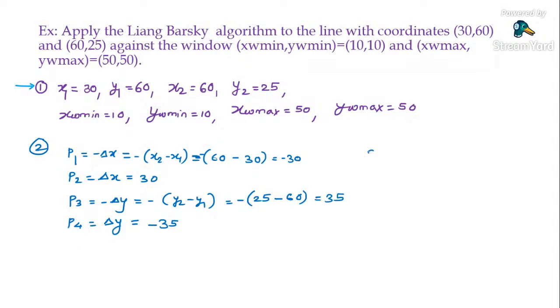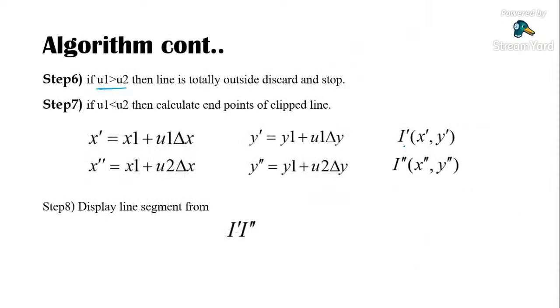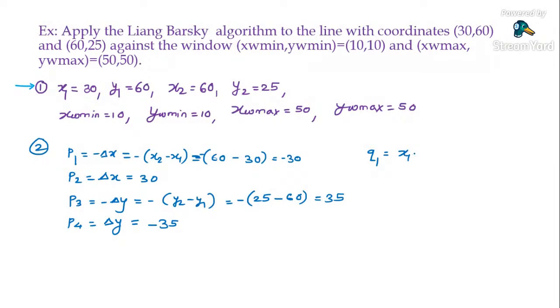Now calculate q1. What is q1? q1 is equal to x1 minus xw minimum. What is x1? x1 is 30 minus xw minimum is 10. Answer is 20.